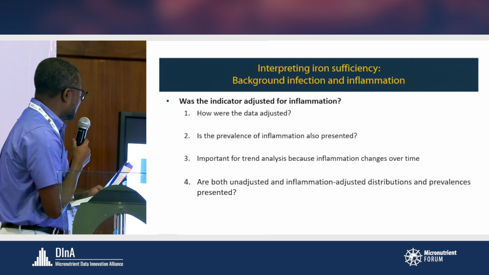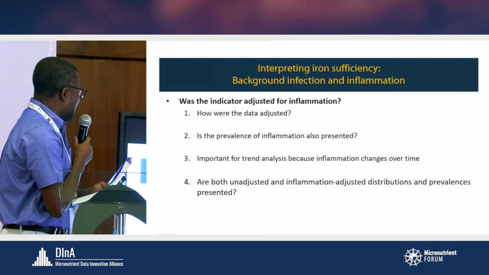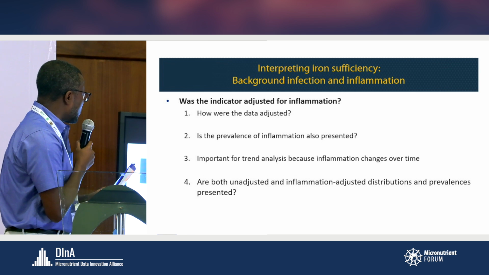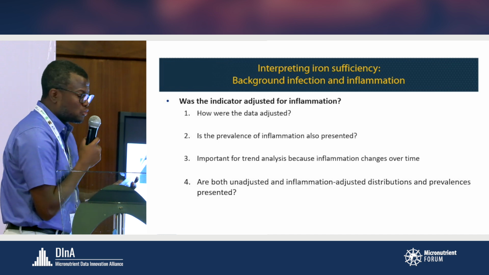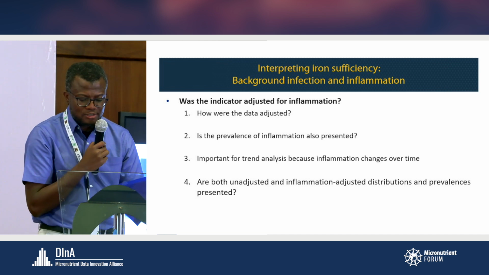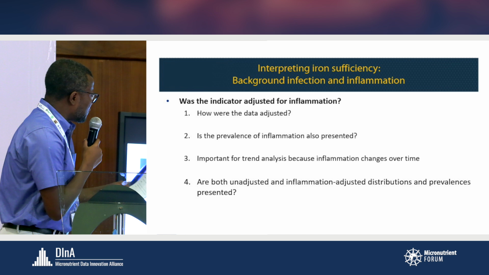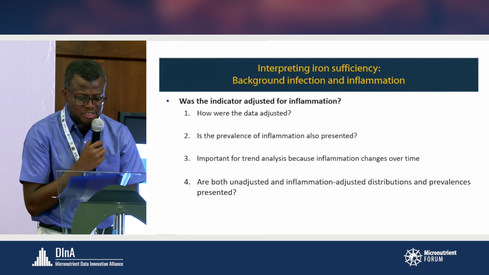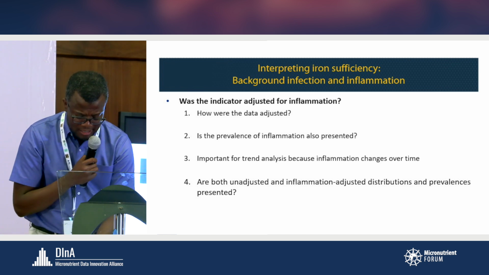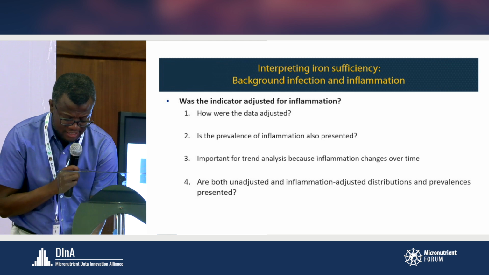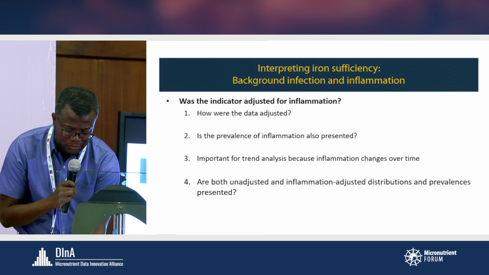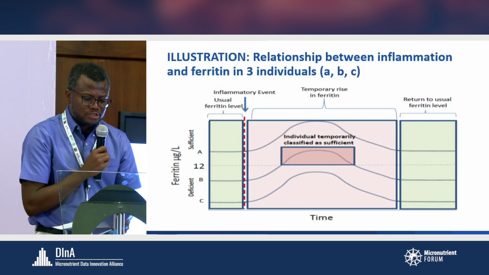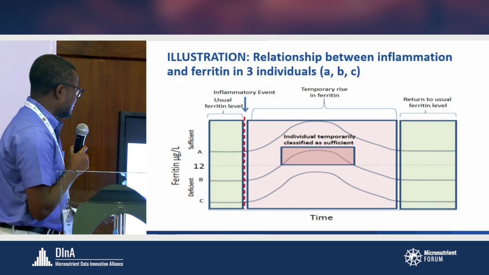In some ways, we also want to show data on adjusted and unadjusted distributions in order to really capture prevalence. These are some of the steps one would want to consider when it comes to iron deficiency or iron sufficiency interpretation. I'll show you one simple illustration of why this is important.